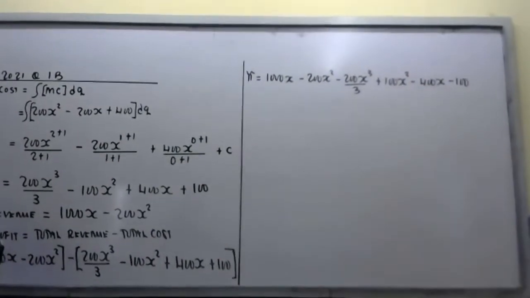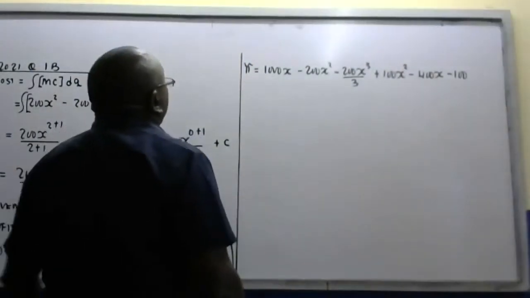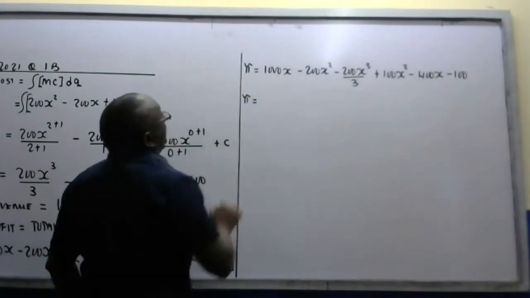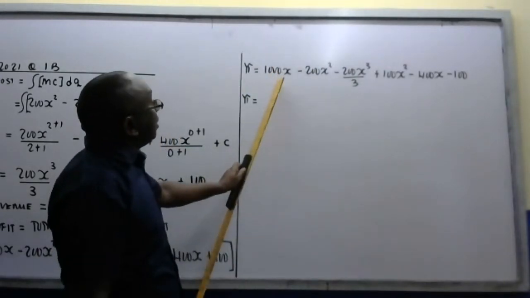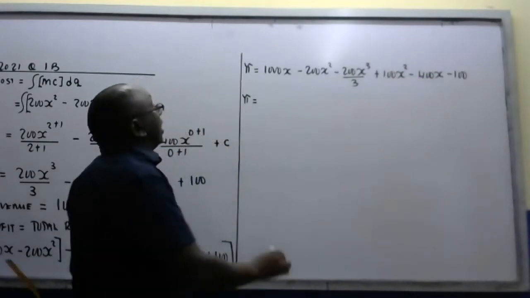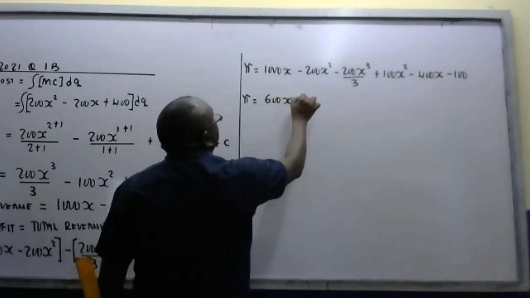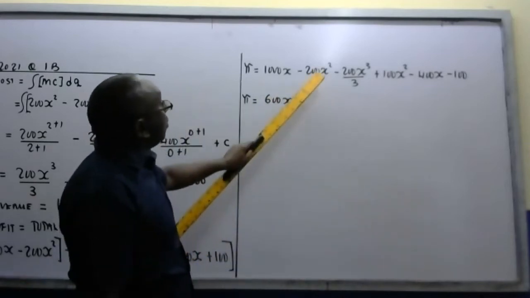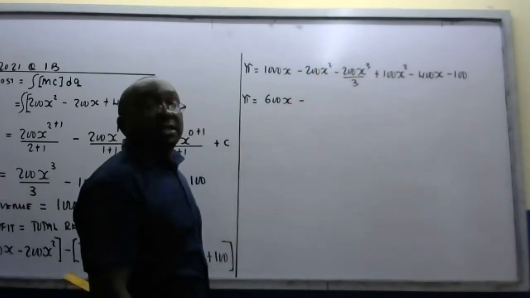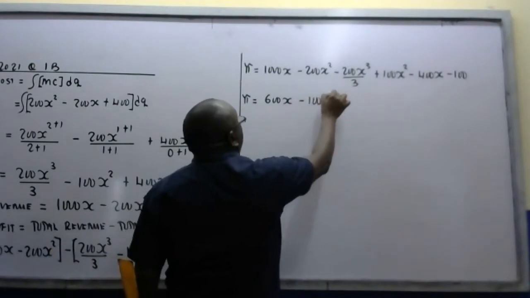I put like terms together and I get 1,000x minus 400x, that would be 600x. Then minus 200x squared plus 100x squared, so that would be minus 100x squared.